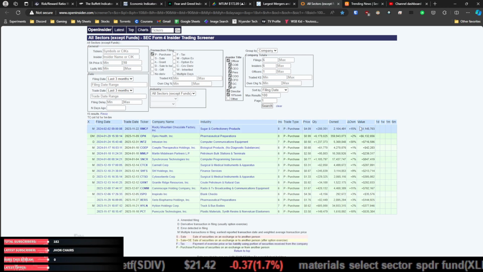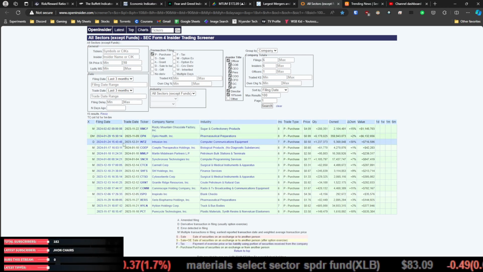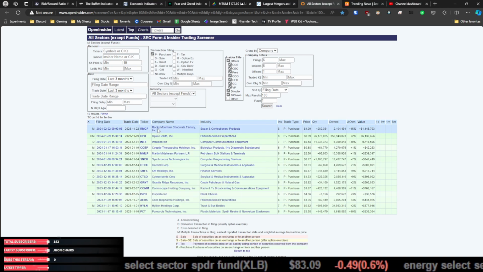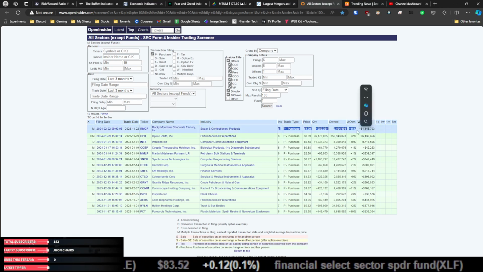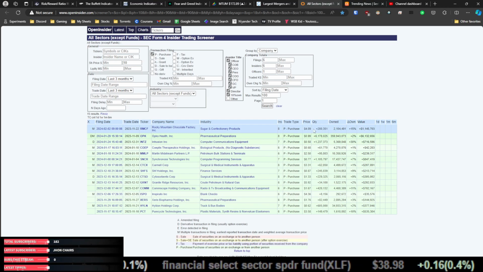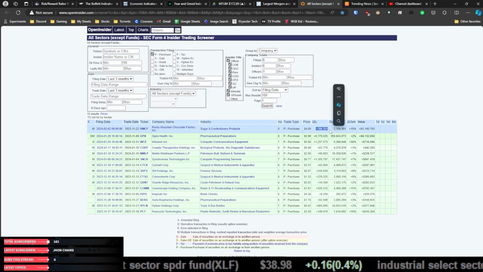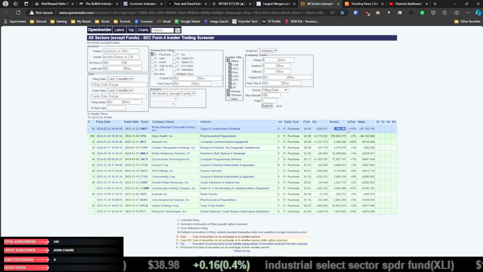Lots, lots to consider. But anyways, since we last looked at it, Rocky Mountain Chocolate Factory, which you could probably guess is candy and chocolates, 8 insiders have purchased a total of 280,000 shares, totaling to 2 million total shares owned.